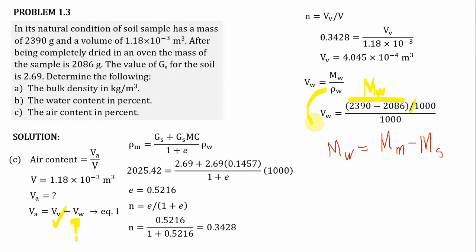We know that the density of water is equal to 1,000 kg per cubic meter.